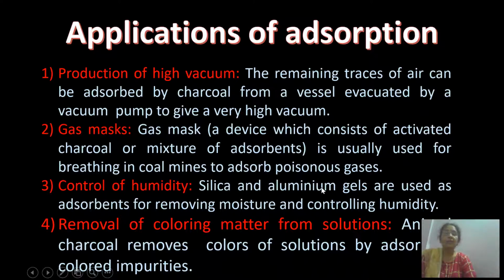Silica gel and alumina gel are used as adsorbents for removing moisture. You may also notice when you purchase a new bottle from the market, a small pouch is present in the bottle. That small pouch contains silica gel. Its use is to remove the moisture.